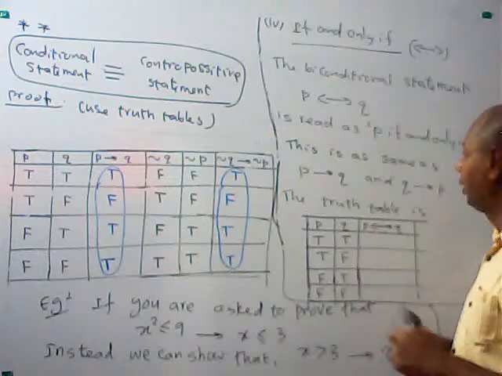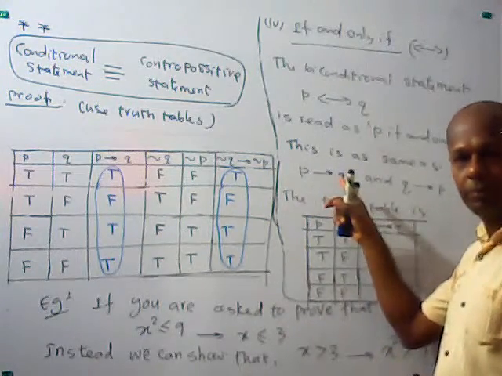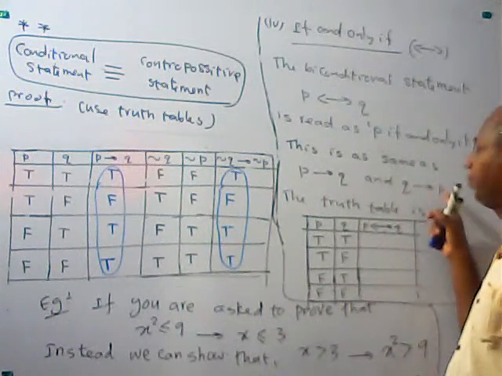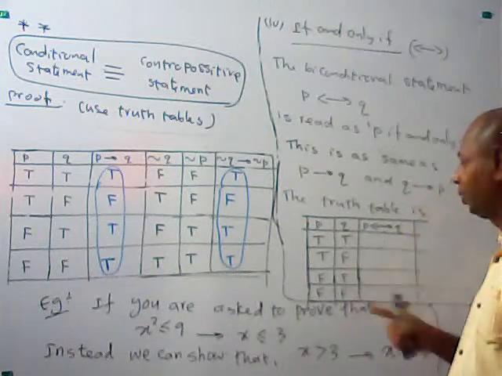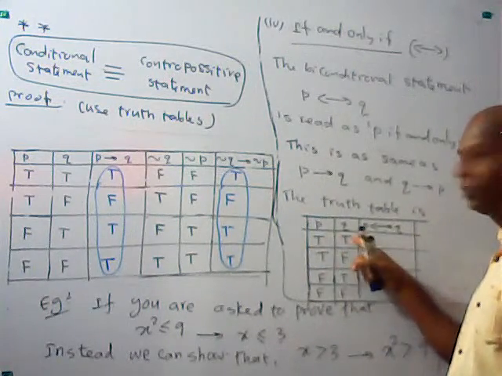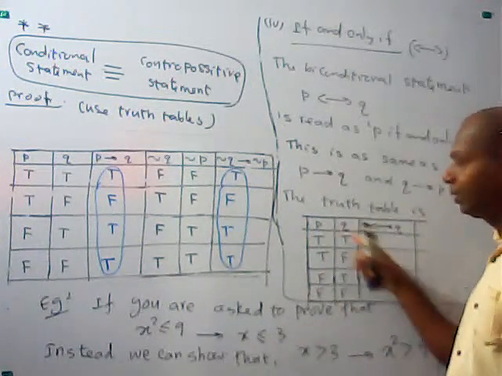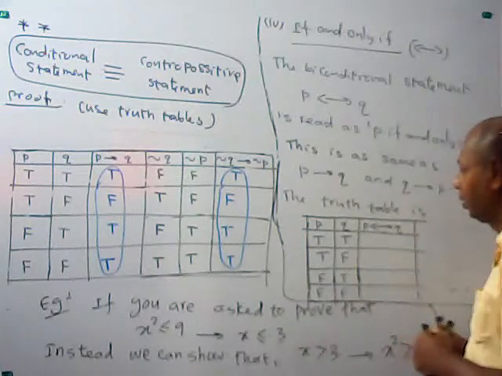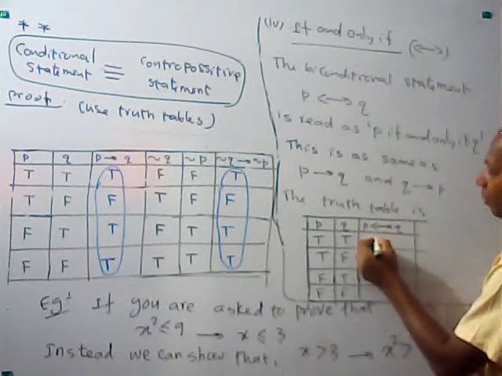P implies Q has to be true, and at the same time Q implies P has to be true. When P implies Q is true and Q implies P is also true, therefore the whole thing is true.